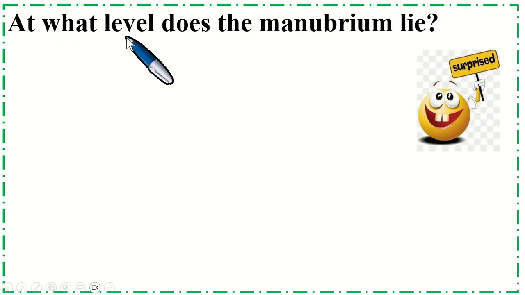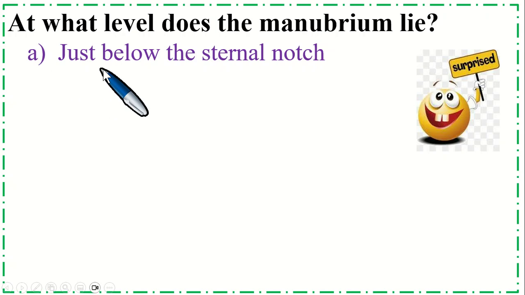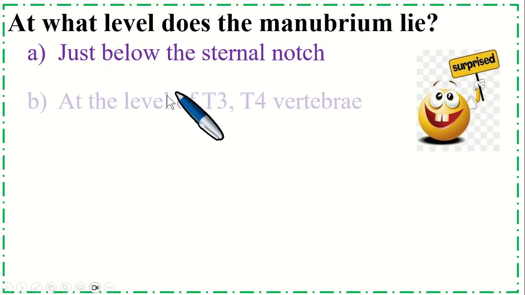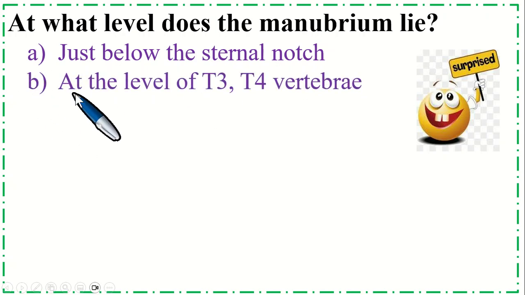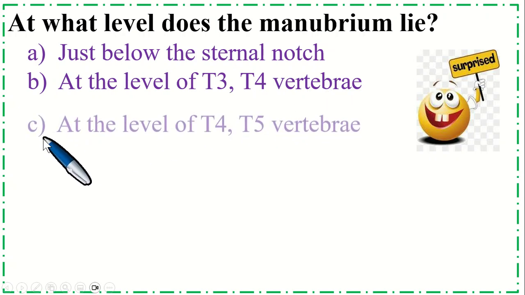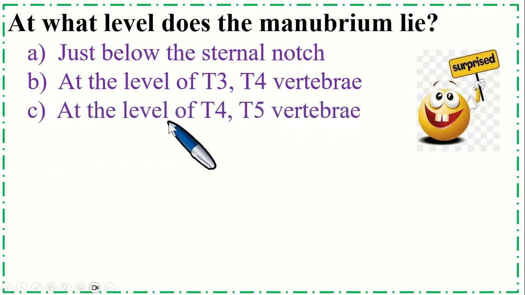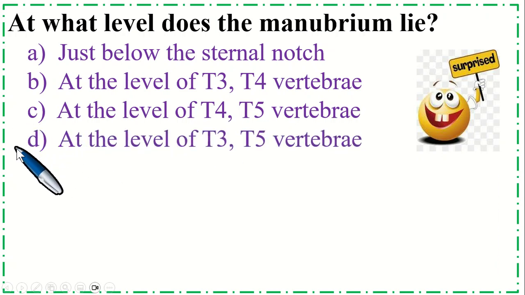At what level does the manubrium lie? Option A just below the sternal notch. Option B at the level of T3 T4 vertebra. Option C at the level of T4 T5 vertebra. And option D at the level of T3 T5 vertebrae.